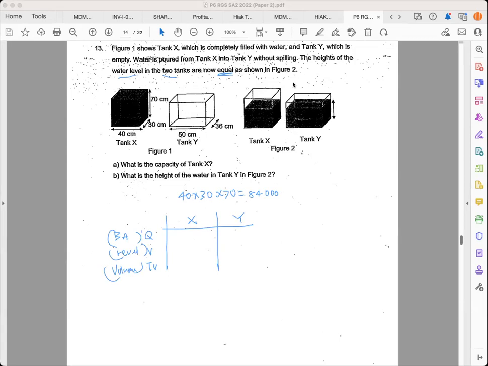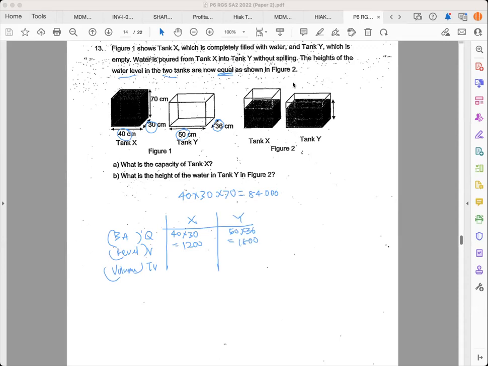Now the base area of X is 40 times 30, and you get 1,200. The base area of Y will be 50 multiplied by 36, you get 1,800.